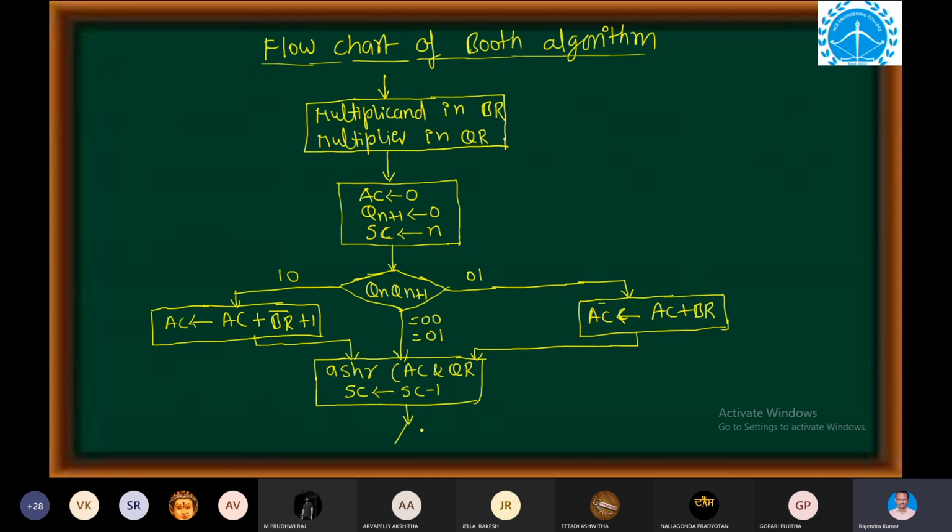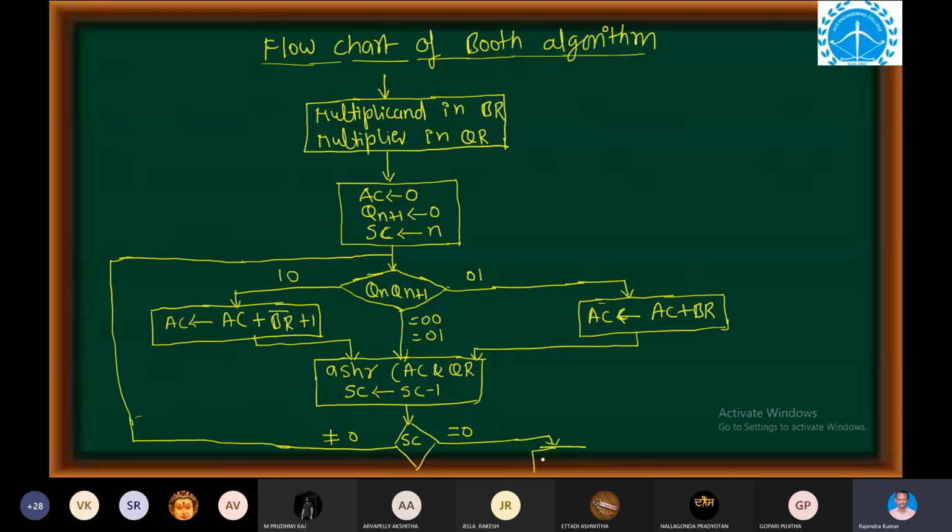After that I check whether the sequence counter is equal to 0 or not. If it is not equal to 0, I go back to this step and check Qn and Qn plus 1 again. If the sequence counter is equal to 0, it ends.